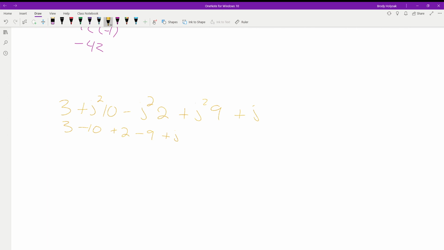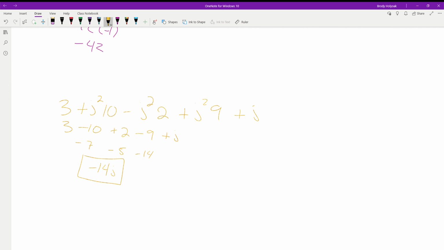So 3 minus 10 is negative 7. Plus 2 is negative 5. That's what we're looking for in the homeworks for these. Just the very, very basics. Yes.